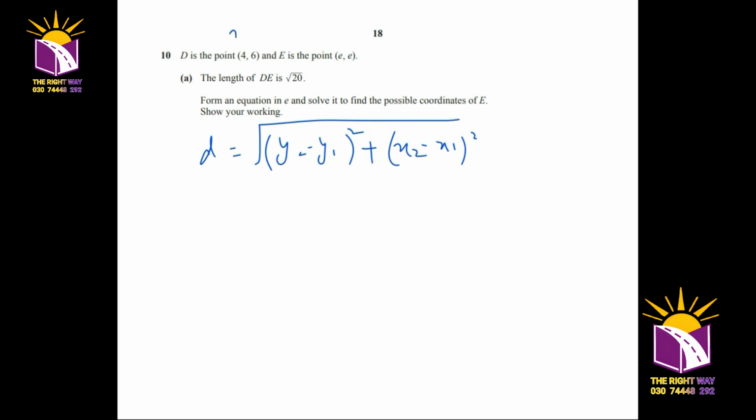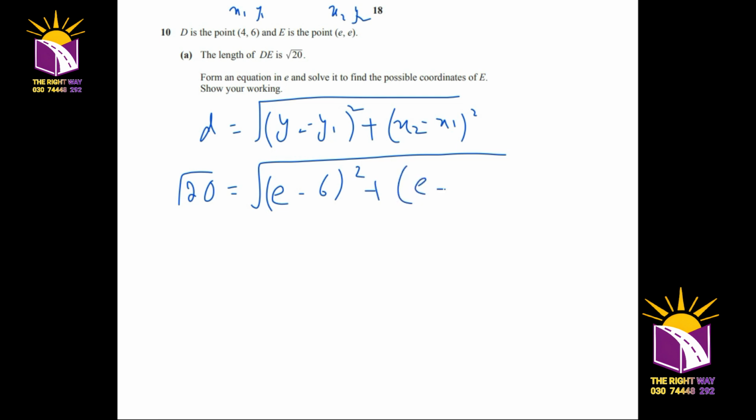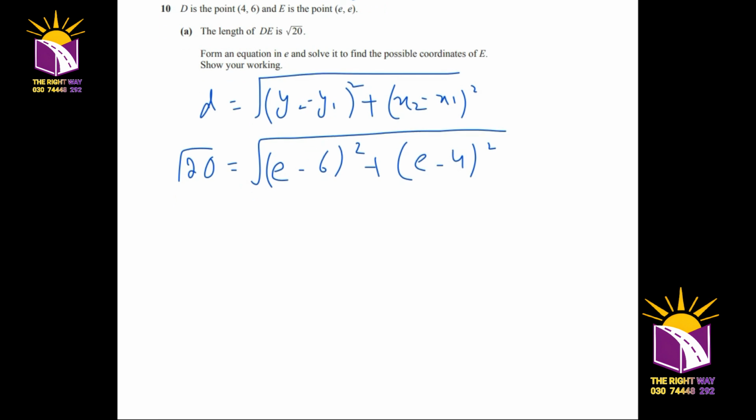Taking this as x1, y1 and x2, y2, your d will become under root 20, as d is under root 20, and y2 is e, minus y1 which is 6, so e minus 6 squared, plus e minus 4 squared, because x2 is also e and x1 is 4.